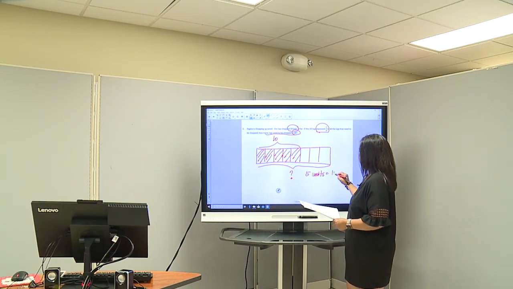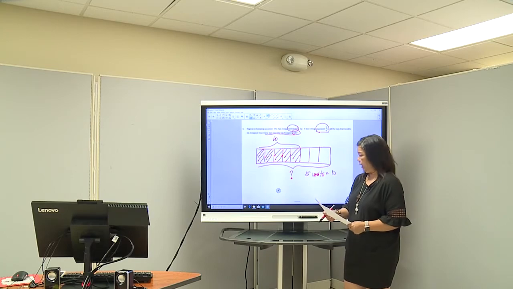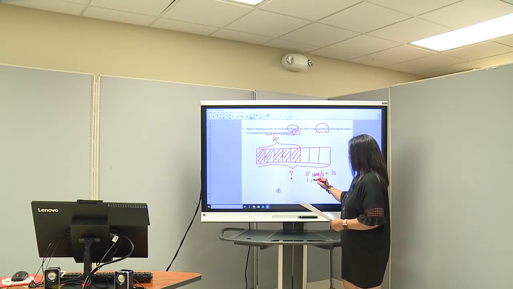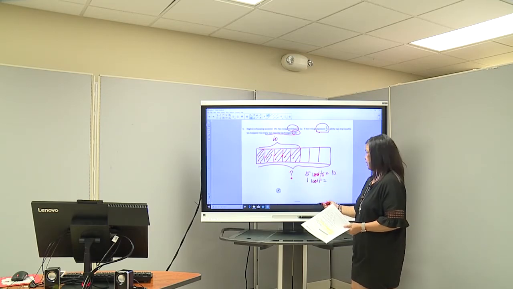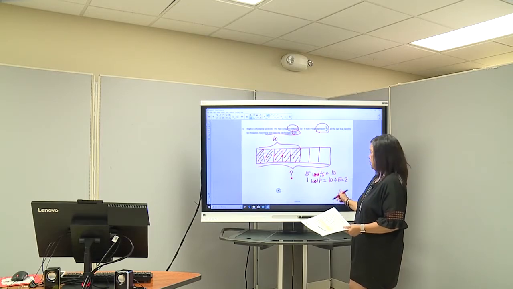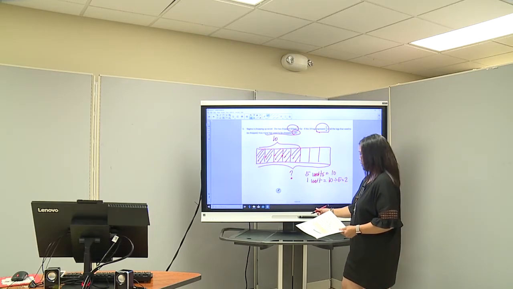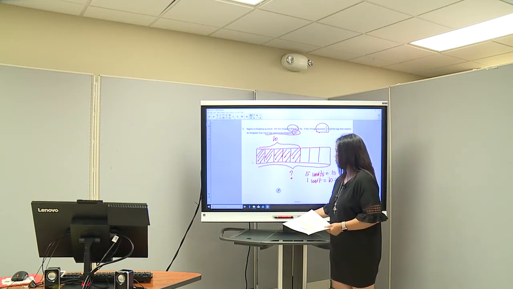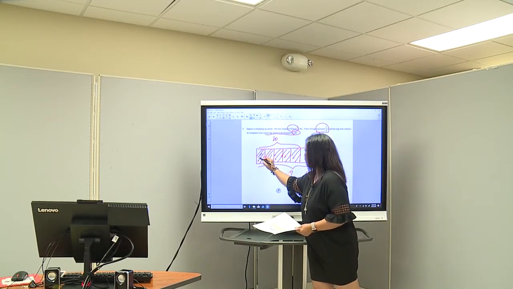represents 10. If that is the case, I want to know how much is 1 unit. So if 5 units is 10, 10 divided by 5 gives me 2. What does that mean? 1 unit represents 2. So I want to go back here so that I will not forget.